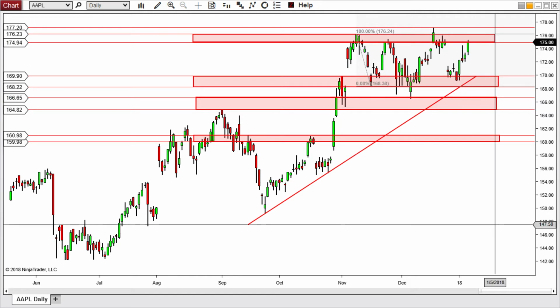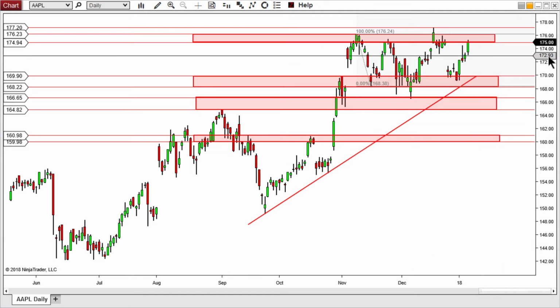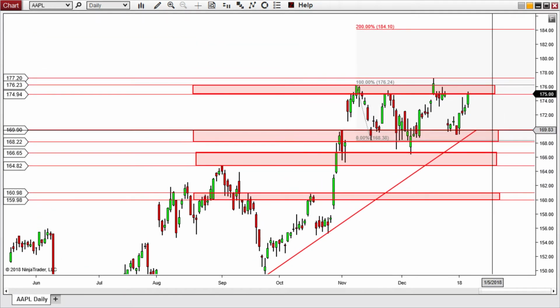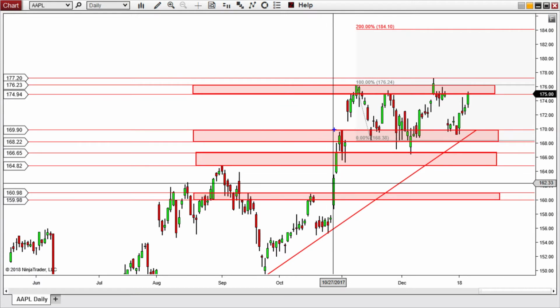But the thing that I'm looking at is to have Apple break out of this trading range and possibly move up to a major move of 184, which is essentially this particular swing here, to this area here.